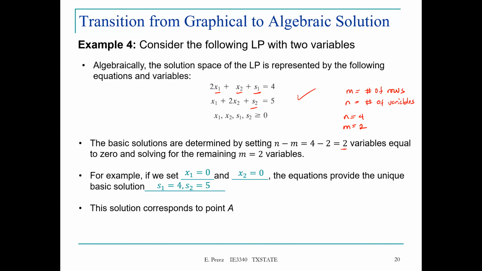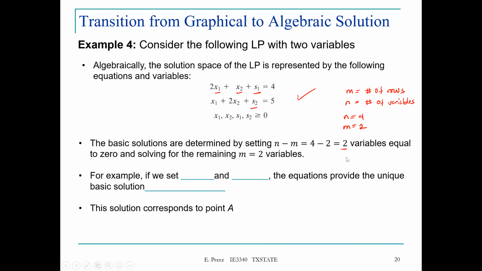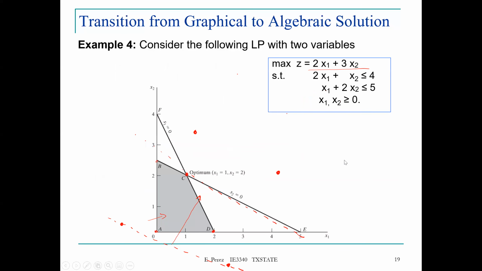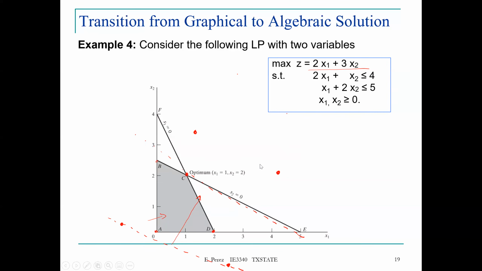This corresponds to point A in the graphical representation. So x1 equals 0, x2 equals 0, and in the graphical representation, that will be this point.